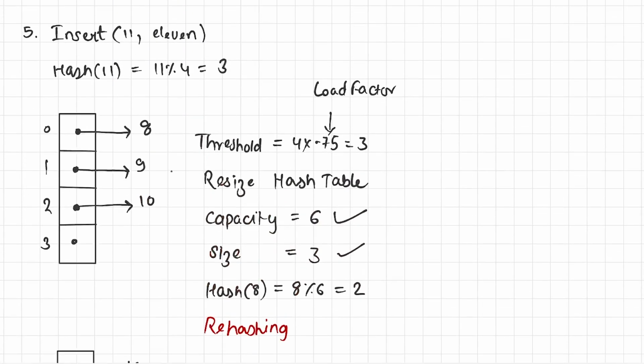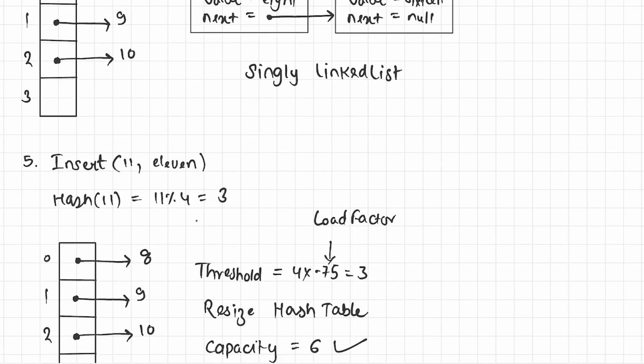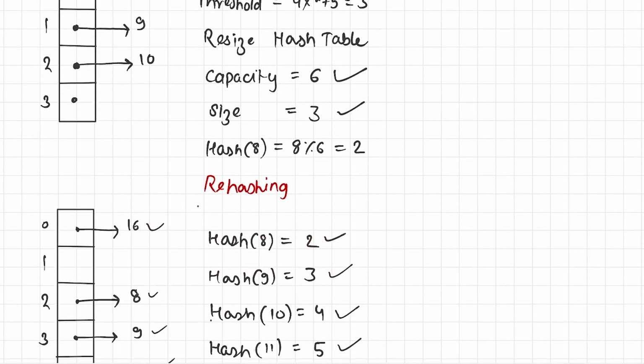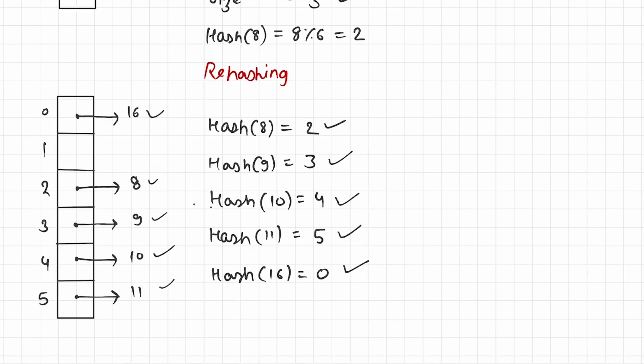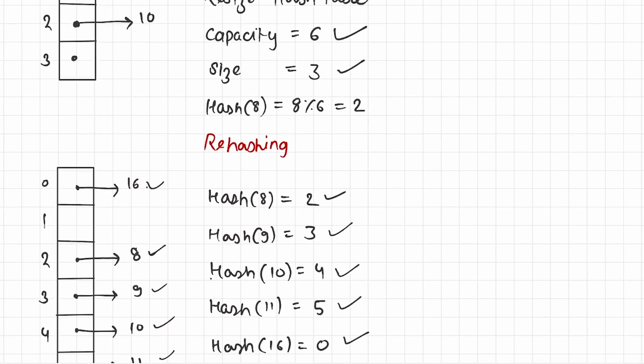You can see the difference here: before, at bucket 0 we were storing object 8 and object 16, but after increasing the size of the array and rehashing, we are storing object 8 at bucket 2 and object 16 at bucket 0.